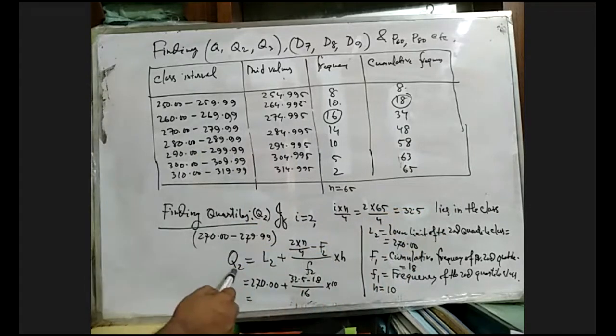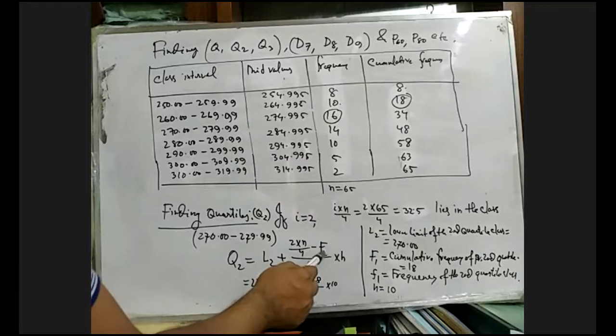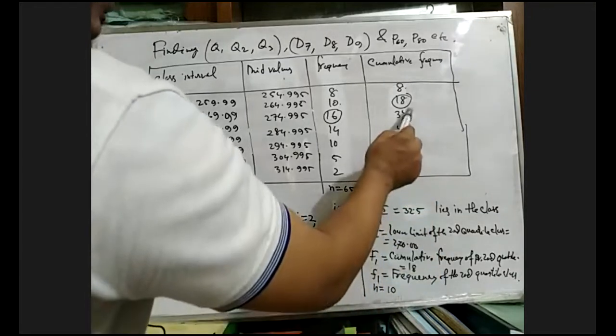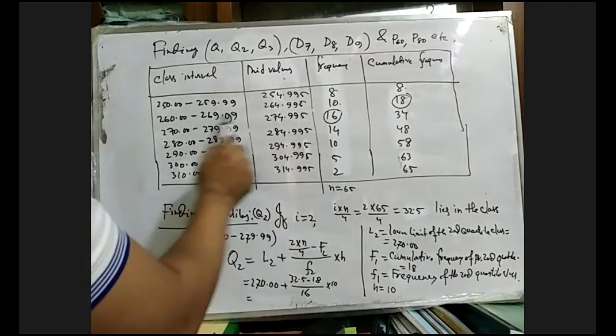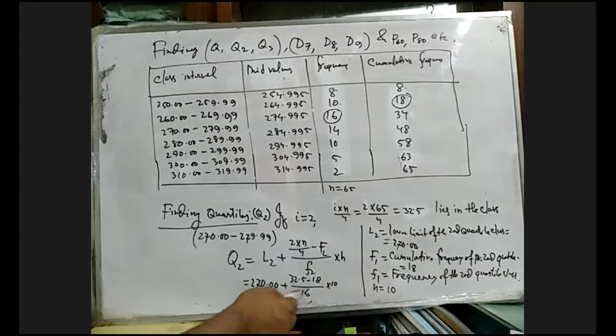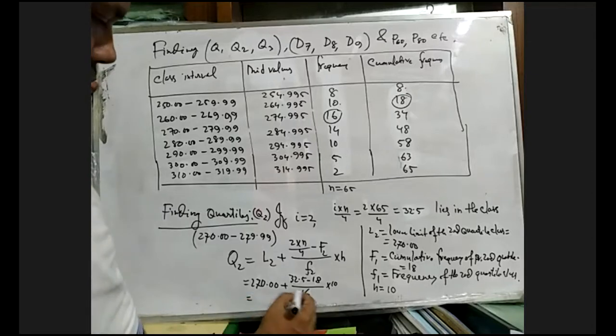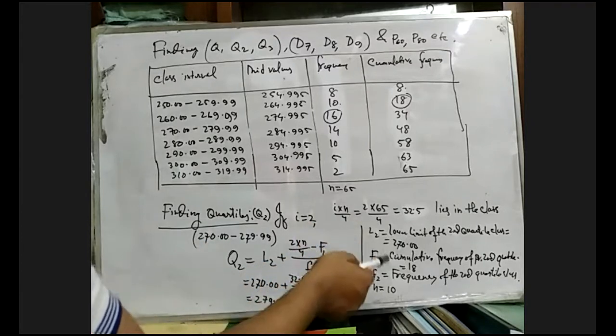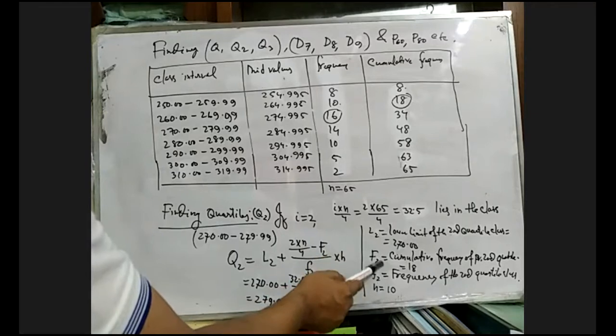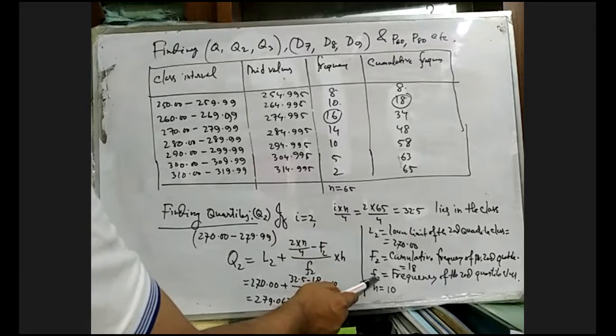So Q2 equals L2 plus (2n/4 minus the cumulative frequency of the previous class, 18) divided by f2, the frequency of the second quartile class, 16, multiplied by h, the class interval length.